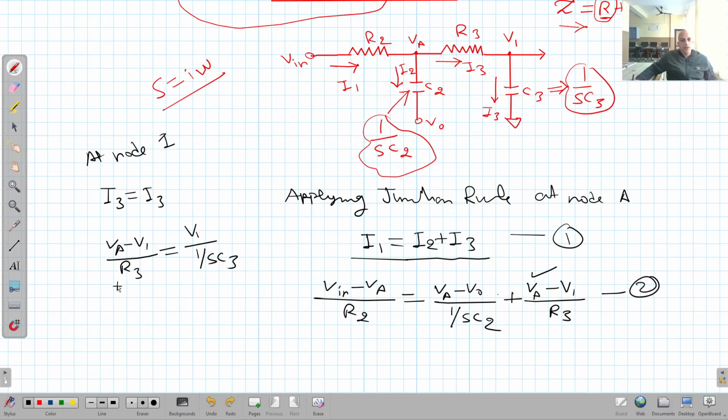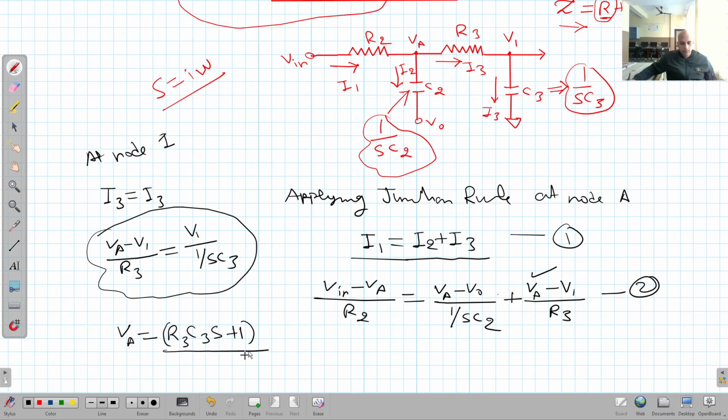So now simplifying this expression for BA. Clear? I will get BA is equal to R3 C3 S plus 1 divided by B1. This is equation number 3. Clear?